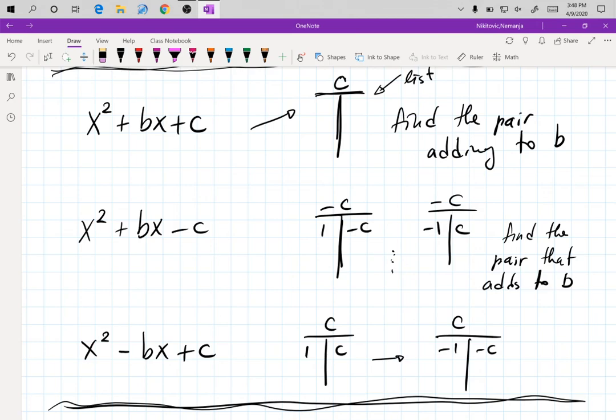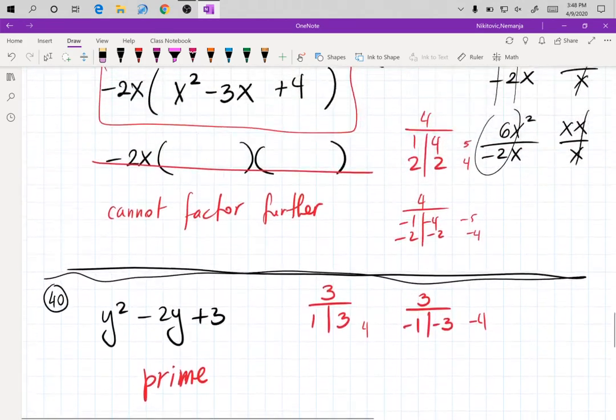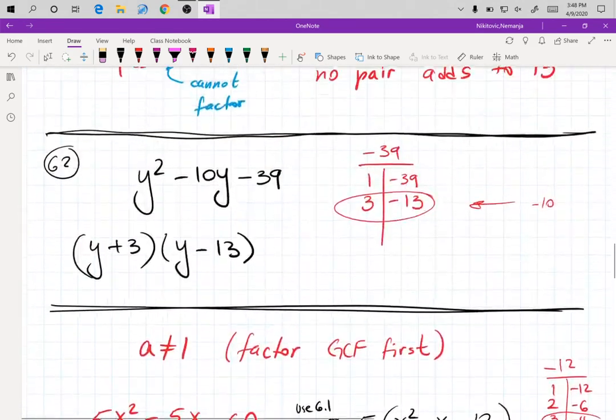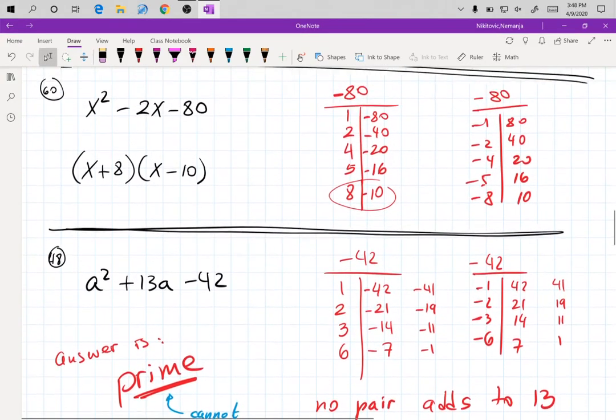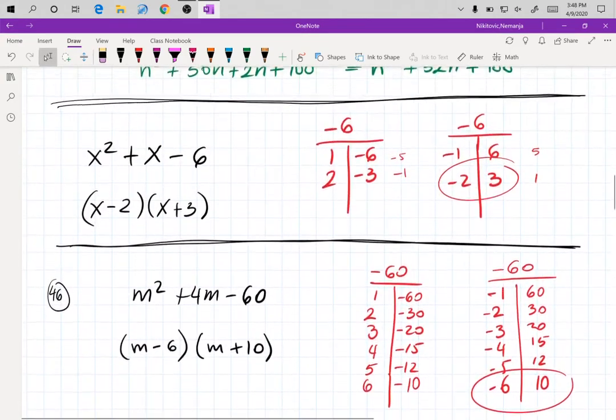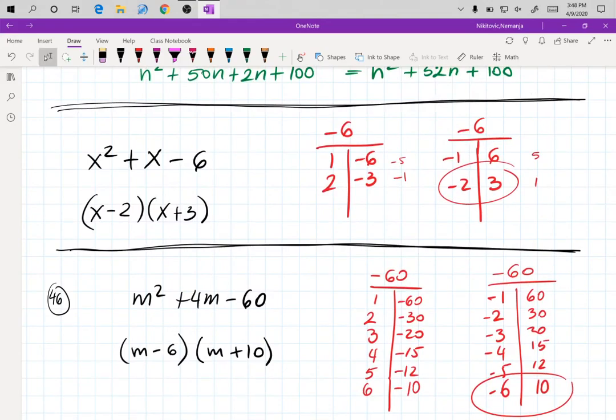When you have the charts, it is easy to spot the pair that you need to use. You see that every problem that I worked out today had the chart, so make sure you have those charts. And that's it for 6.2.